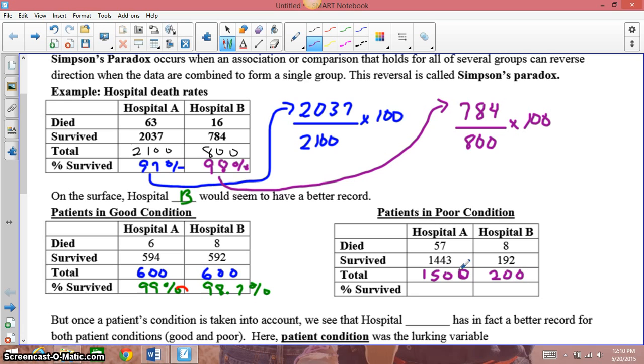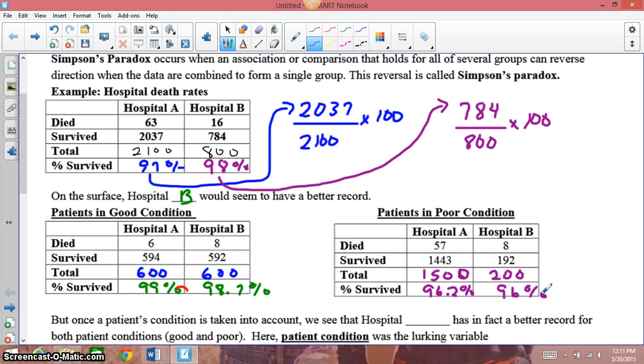To find the percent that survived, take the total number that have survived, so 1,443 divided by the total 1,500, multiply that by 100, you would have 96.2% surviving going to Hospital A. Hospital B, the percent that have survived, 192 out of 200, and that's going to be 96%.